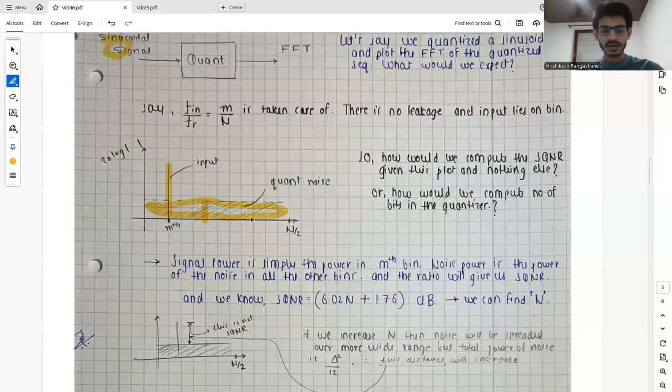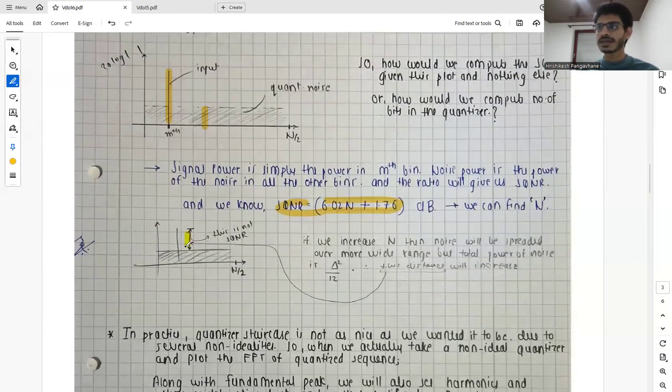All the bins' power is clubbed together, and that gives us the power of the noise. Then we take the ratio of the power of the signal to the power of the noise. We know that SQNR is given by this equation, and then we can find N from here. So we can compute the number of bits of the quantizer by looking at this graph.